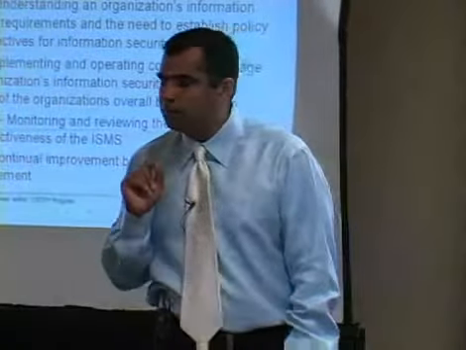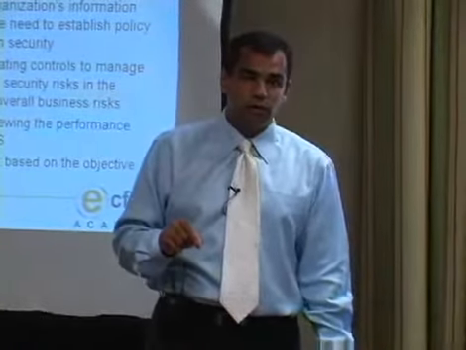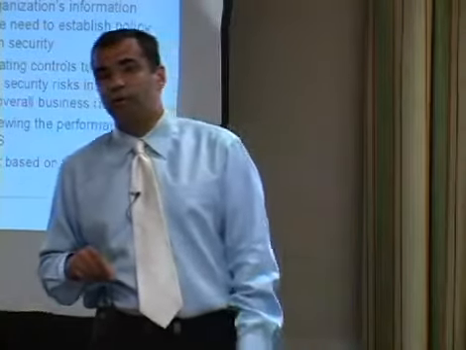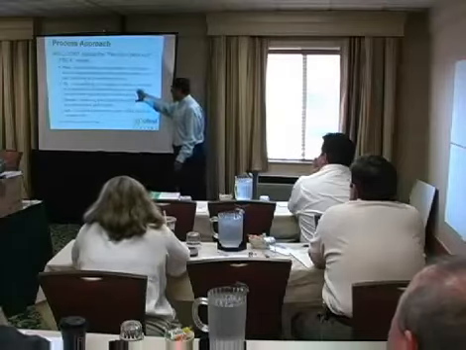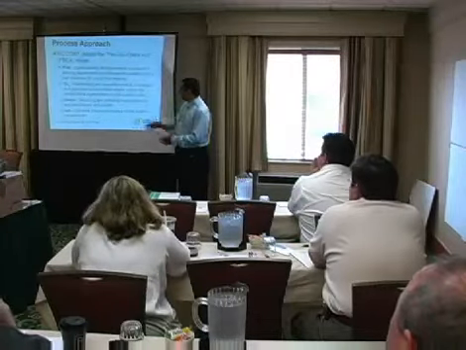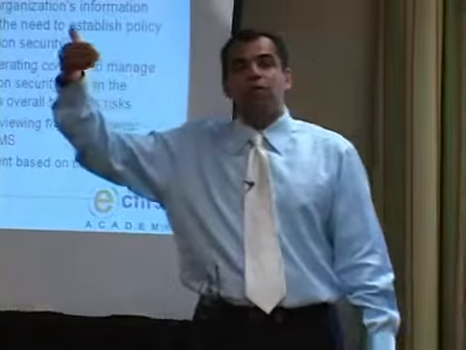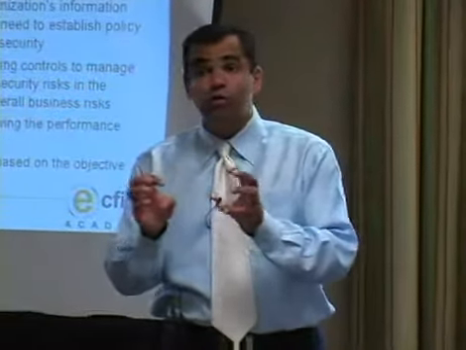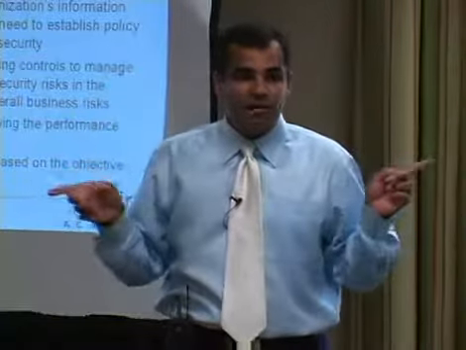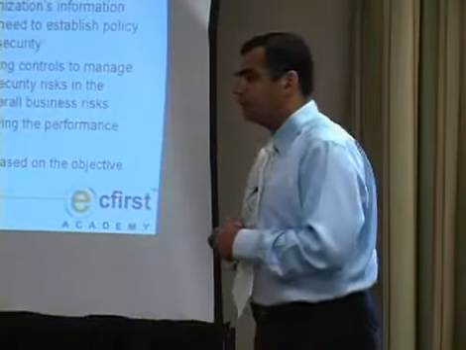What are the security capabilities that we are going to be deploying inside our organization to make our organization more resilient to the threats and vulnerabilities that it might be exposed to, to manage the organization's information security risks. So controls and risks. Controls are what counteract risk, minimize risk, so you're left with some residual risk that your upper management, executive management, has agreed to accept. That becomes really, really important.